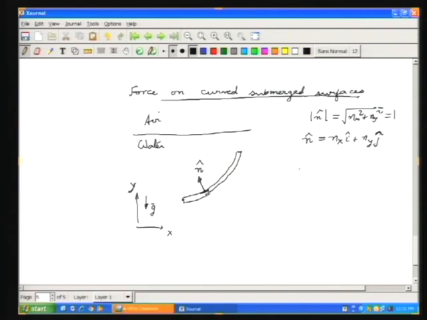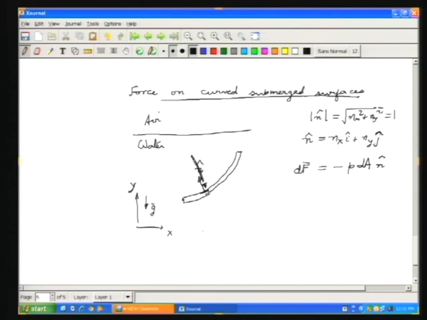Now, if you look at dF, the force exerted by the water on this, it will be along this direction and it will be pointing inward, because it is a compressive force. So, this is minus P dA into n.